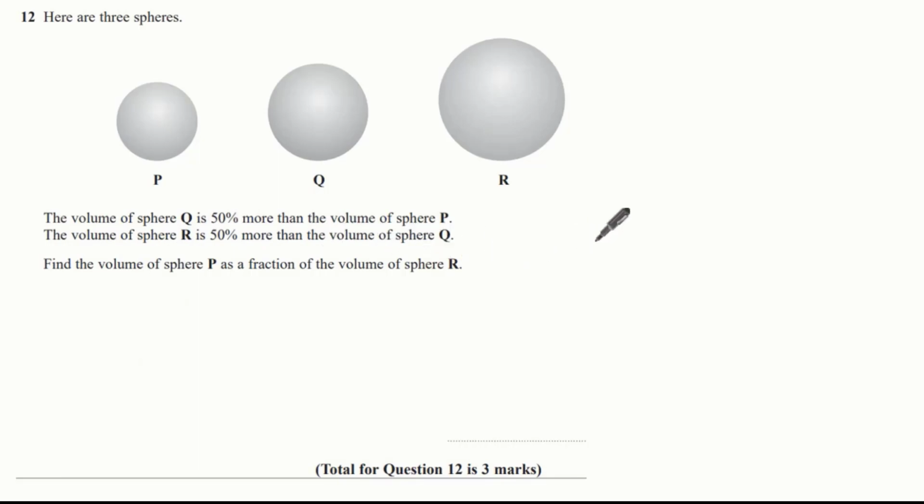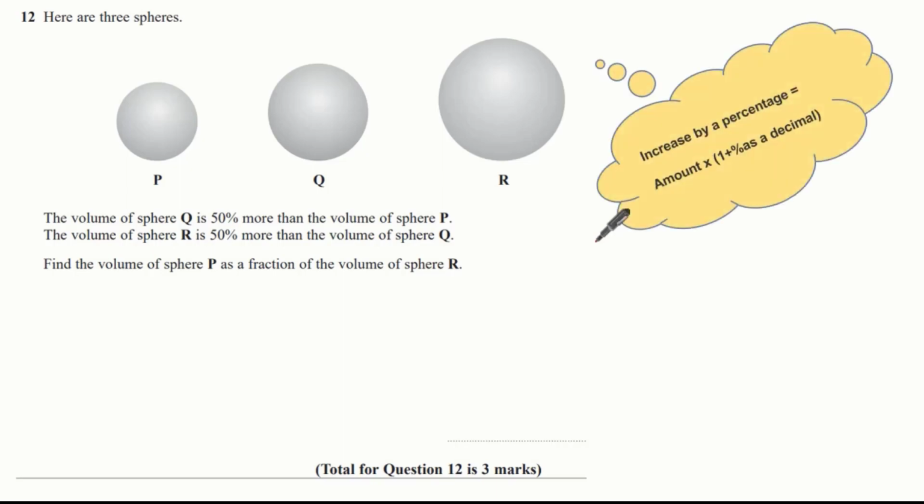Well, what's important to note is when we're talking about an increase, remember the calculation when we increase by a percentage is the amount multiplied by 1 plus the percentage as a decimal. So, if we're identifying a 50% increase from sphere P to Q, we simply multiply the volume of sphere P by 1.5, and this is our 50% increase, indicated by this expression.